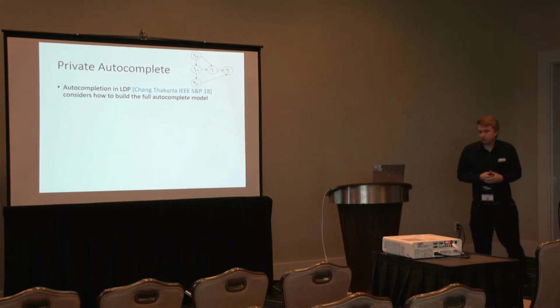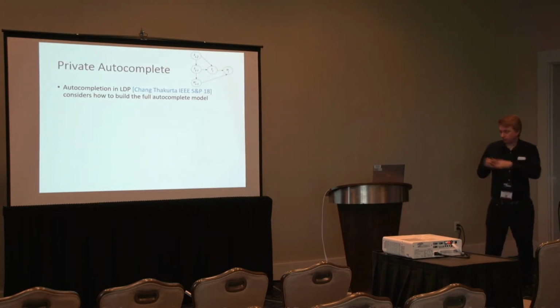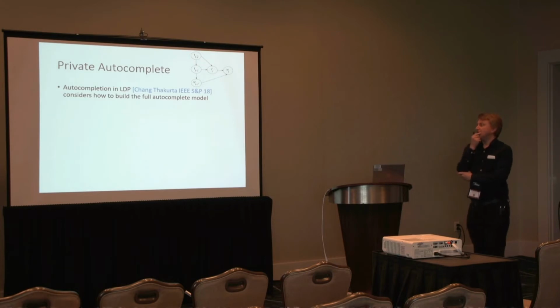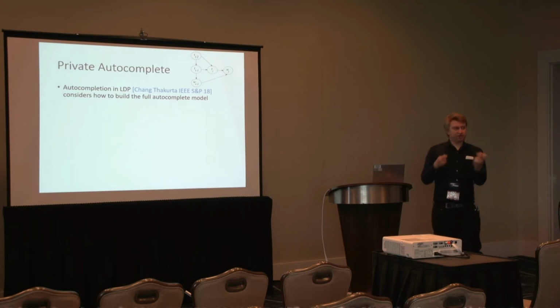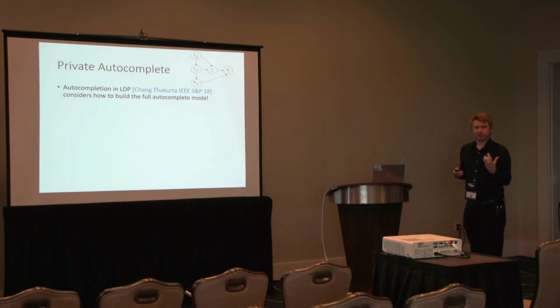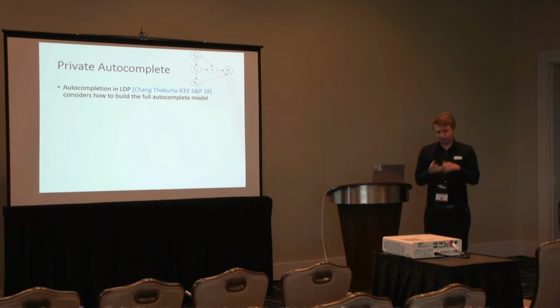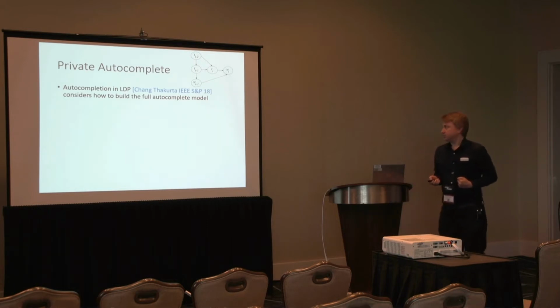So here's a different formalization of a problem with text. So rather than just say what's happening in my dictionary, you could say, well, I want to build the autocomplete model. I want to build the statistical model that says, given what someone's typed already, predicts what the next word is going to be. Right.